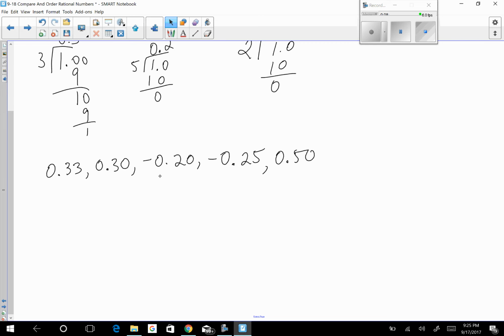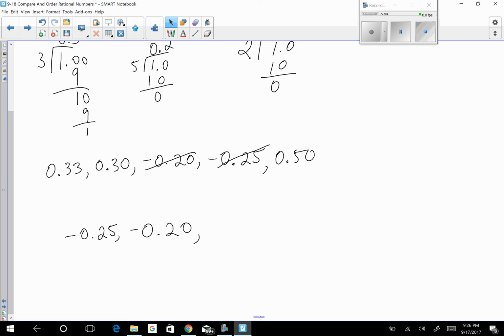So between -0.20 and -0.25, -0.25 is the larger looking negative, so we know that it is actually the smallest number. So -0.25 is my smallest number. Cross that off the list. Now again, the negative. Our negative is going to be our smallest one, so -0.20. Cross that one off the list.